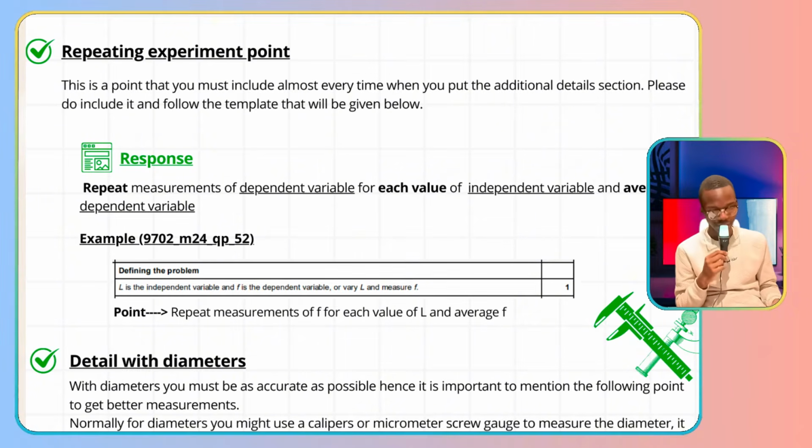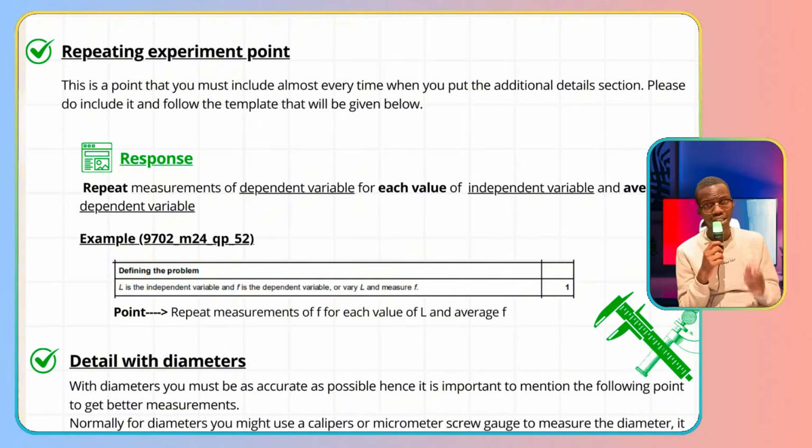So let me explain what that is. So an example was you had L as the independent variable and F as the dependent variable, right? Some experiment. We won't go through what the experiment was about. But your two things, L is the independent variable and F is the dependent variable. So remember, you are measuring the dependent variable, right?